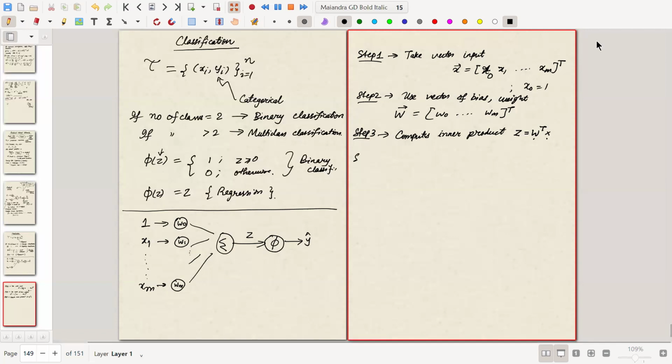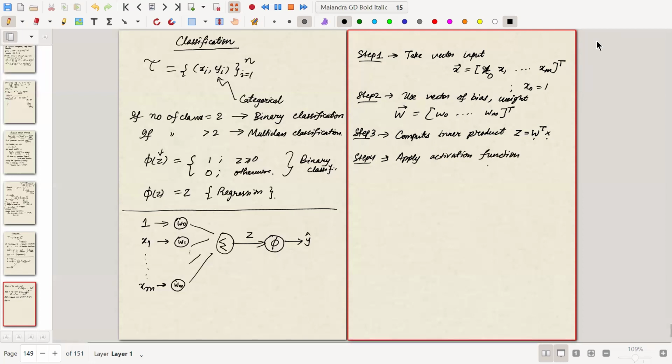Fine. Then step 4: now you have z, right? What will you do now? You will apply the activation function to z. What is your activation function? Phi. Phi is the general activation function. So apply the activation function.